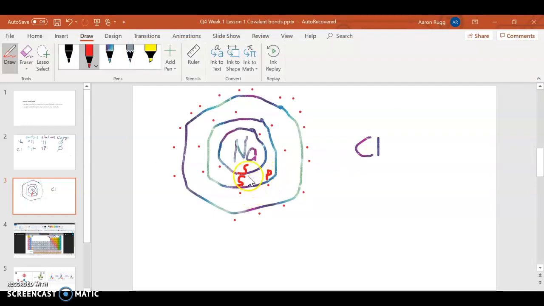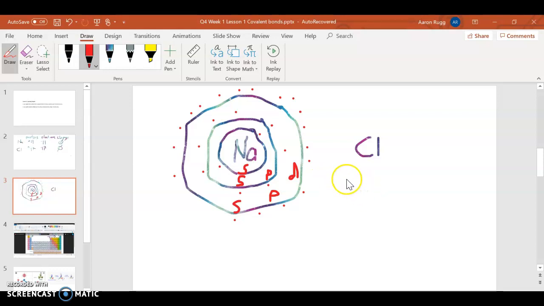That's how I get 8. Hopefully this is a review. When I get to the third level, I have S, I have P, and I have D. D holds 10. So the further out, we add more and more energy levels.